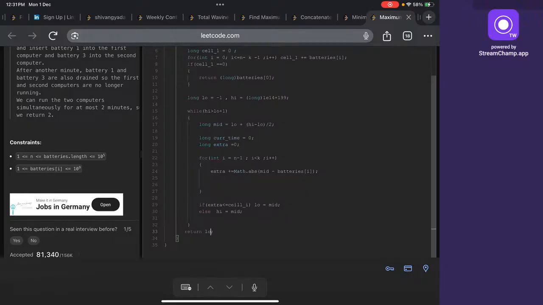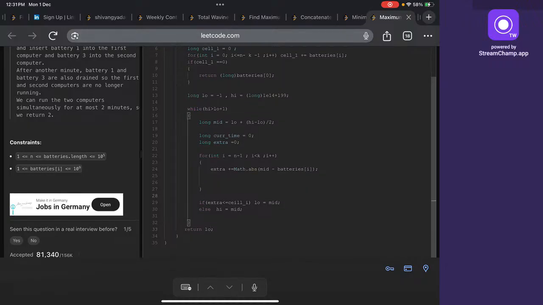Extra is less than or equal to cell. Okay, I made a typo here: cell of 1, not cell of i. Cell of 1. Low equal to mid, i equal to battery n minus 1 to k. I ran it for k.